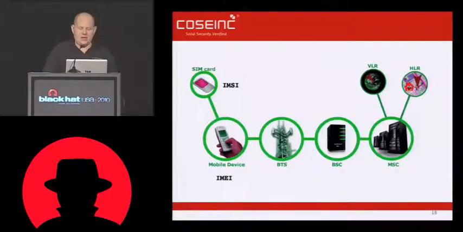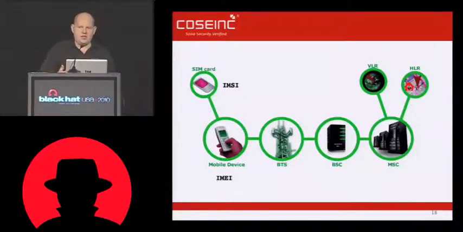If it gets all the way back to, say, the VLR or the HLR, and that particular user hasn't been authenticated for the action that they're performing, it will do an enciphering request. So the ciphering request says, let's turn on A5. And when that happens, you have to have Ki, which is the secret key stored in your SIM card, in order to turn on ciphering. If you can turn on ciphering, then you're authenticated to the network. If you cannot turn on ciphering, you are not authenticated to the network.